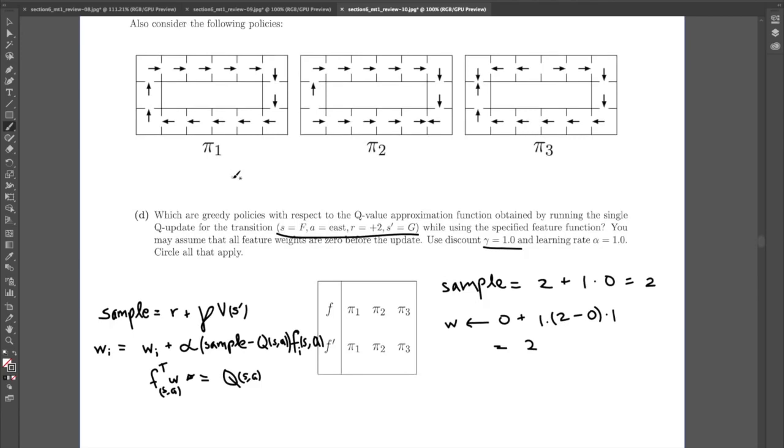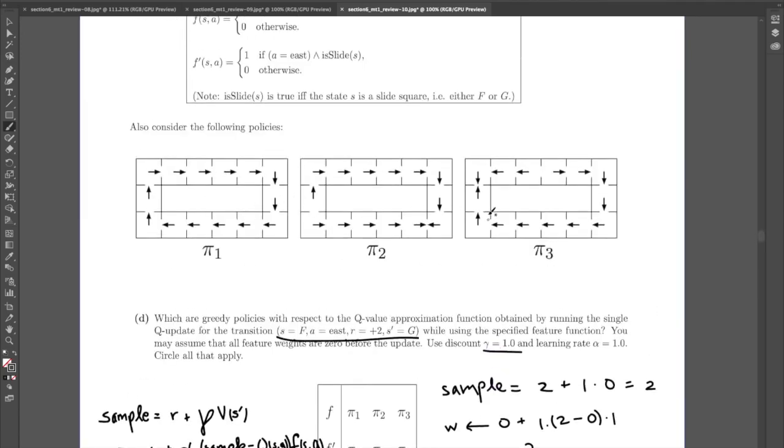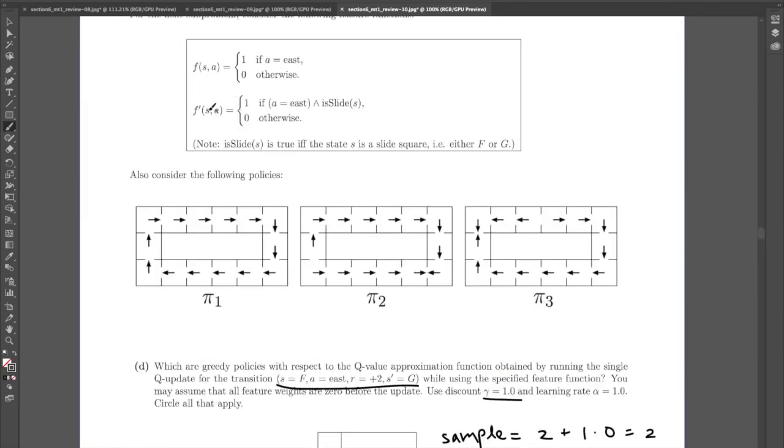So, okay, based on that, which of these are greedy policies with respect to F? Well, we can see that F is 1 if A is east and 0 otherwise, which means what is the Q function going to be equal to? Well, it's going to be equal to W times F, which is what? It's 2 in the case when A is equal to east and 0 otherwise, right? And let's look at these right now.